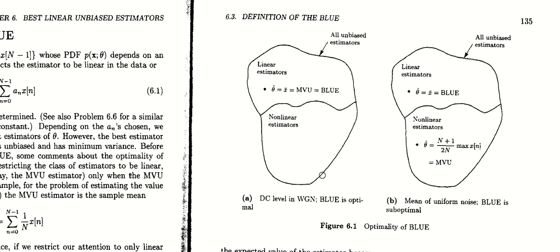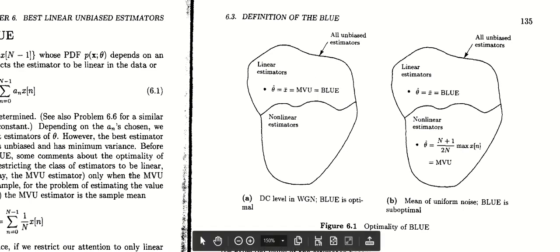There are a whole bunch of other estimators in the nonlinear domain. There may be other things here, but it doesn't matter. We get the BLUE in the linear region already. So we should be happy about that case. We have linearity and best.